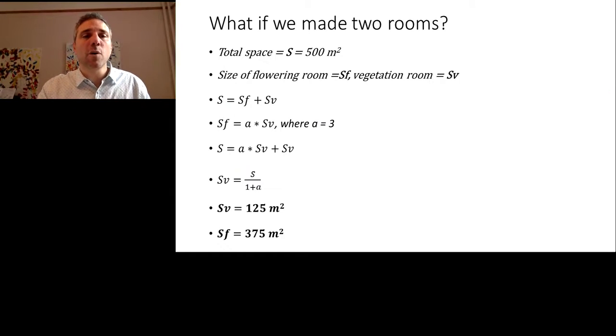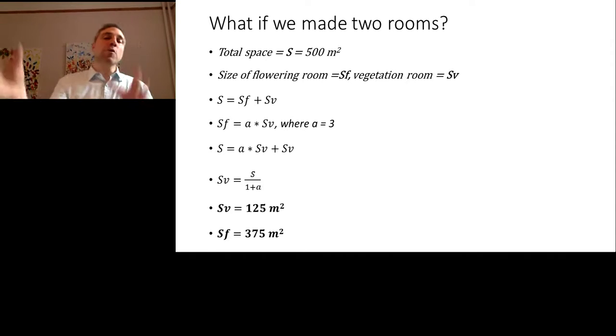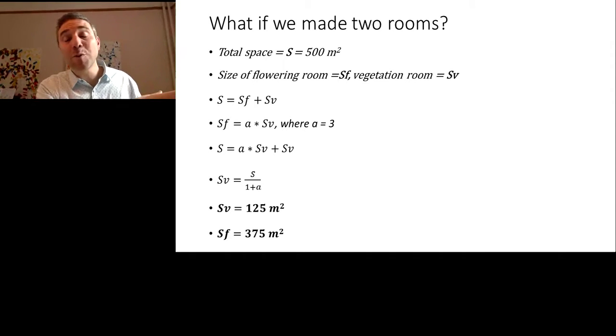So now we're going to have a 2-room example. In this example, we're going to take the 500 meters squared of space and split it between 2 rooms. We're going to use 1 room for vegging the plants, and after that vegetation cycle is done, we move those plants into the flowering room.